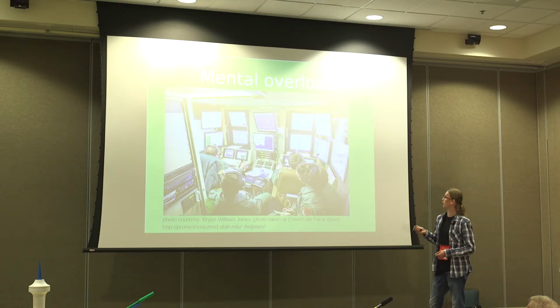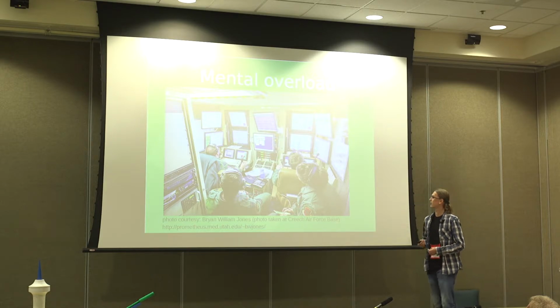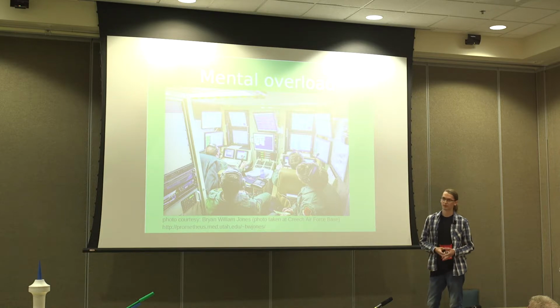There are many screens that are providing information for the operator, and this could cause mental overload, which could lead to human errors, because the operator could quickly become exhausted. And this is a problem that needs to be solved.